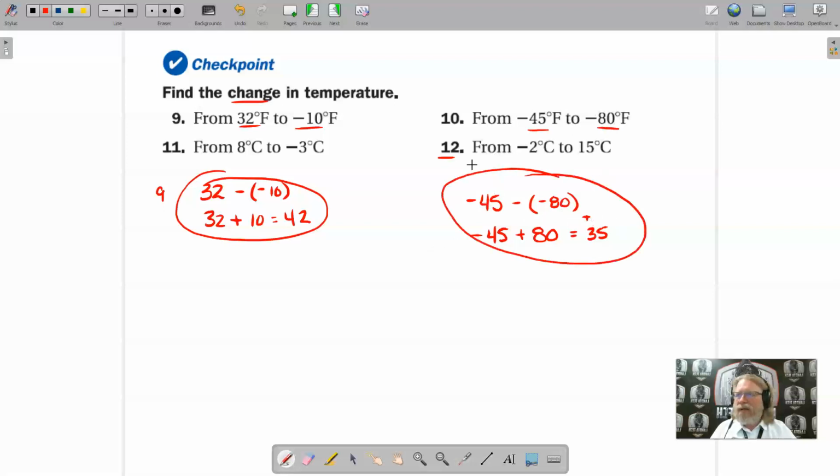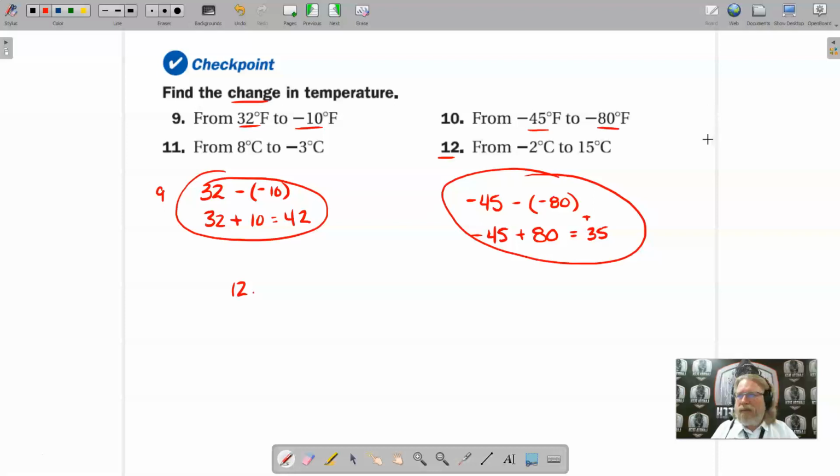All right, this one here, number 12. Let's look at 12 and investigate what I've been saying about subtracting the lesser value from the greater value. So on this one, let's think about this.